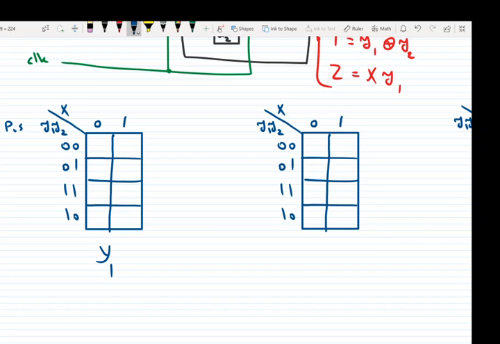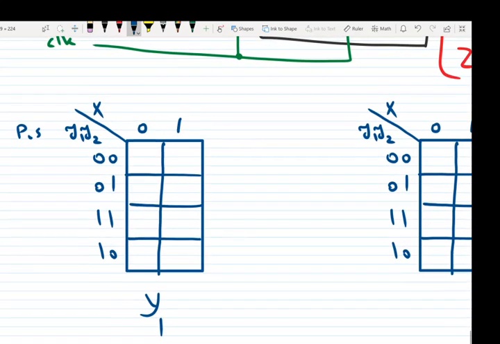Let's see how we can find the value of different cells in these tables. One thing I want to do is a way that helps us write J and K for each flip-flop. What is J? J is X bar Y2 and K is X, or J1 and K1.